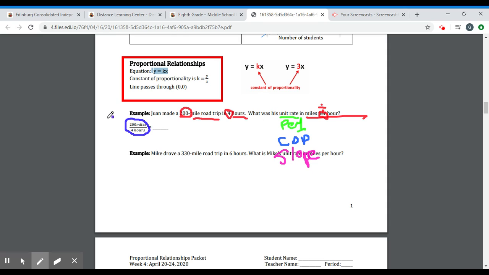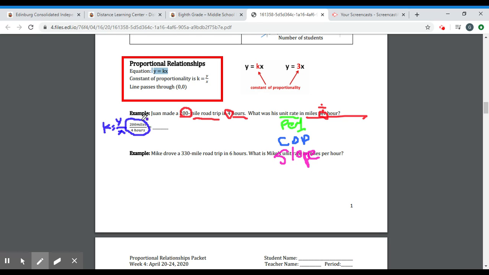This right here is my k equals y over x. This is what I set up here, my constant of proportionality, because that's what I'm looking for. So I did my y over my x. My y is the miles of the road trip and my x is the hours that it took him.